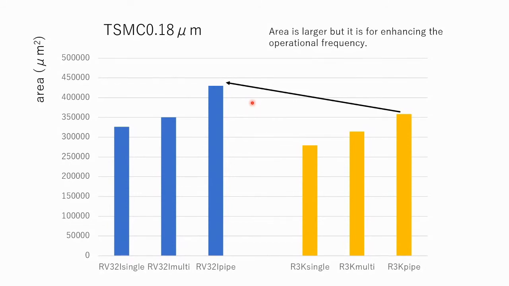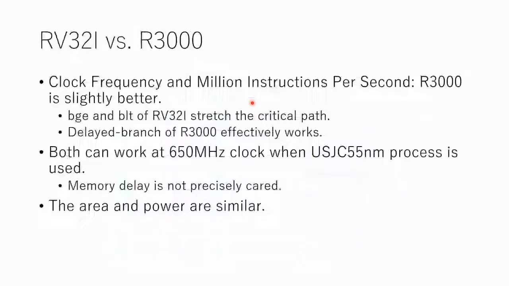Well, I thought that the speed of RV32I could be comparable to R3000. So the synthesis result increased the area. Well, so let's compare RV32I and R3000. Clock frequency and million instructions per second of R3000 are slightly better.